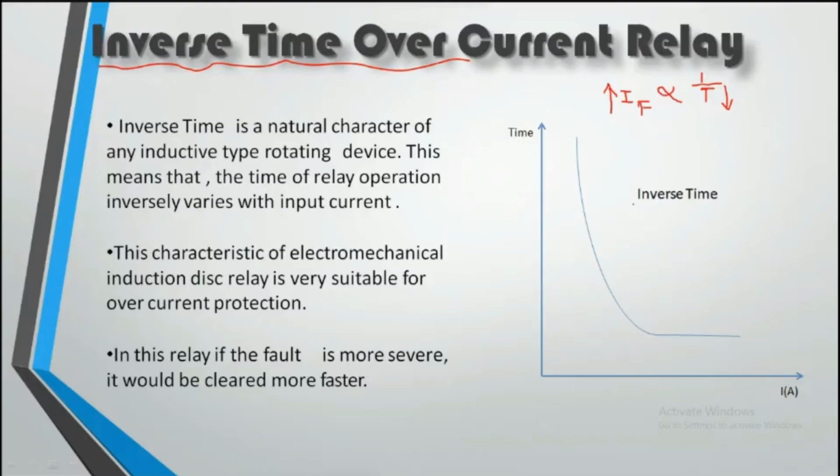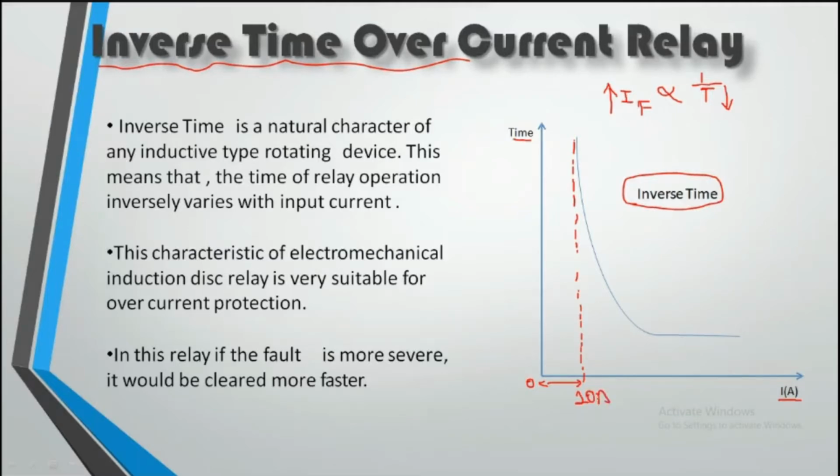The same is represented over here in the inverse time characteristic graph. We have taken the time on the y-axis and the current on the x-axis. So what we can see is, up till this point, let's say over here we have the value 0 ampere and over here 10 ampere.